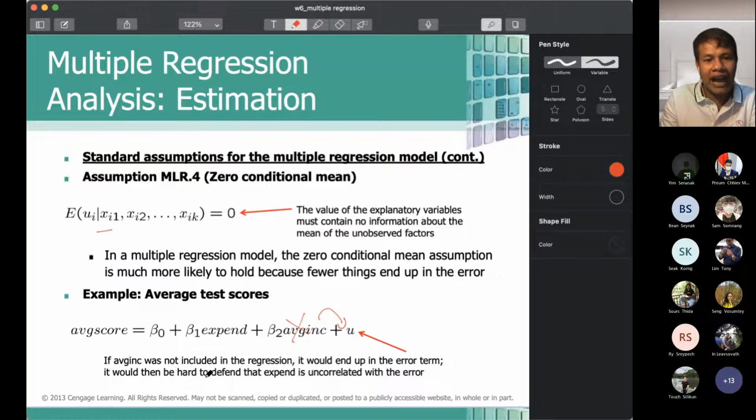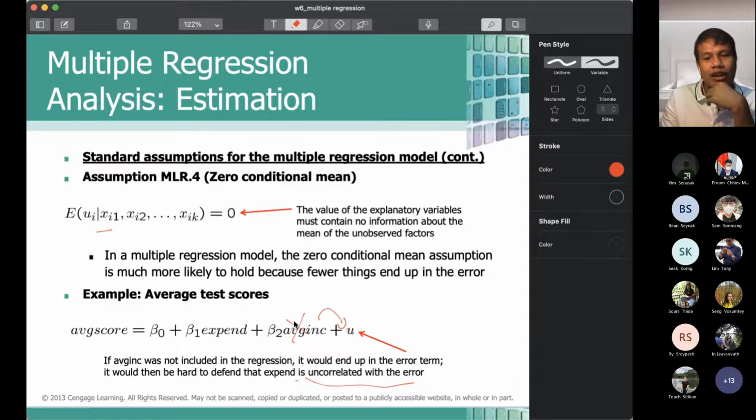So it would then be hard to defend that per student expenditure is uncorrelated with the error term. If average income is in the error term, then you cannot say that per student expenditure is not correlated with the error term, because you know that spending is correlated with income. And if you do not include income in this model, so it stays in the error term, then zero conditional mean is violated.